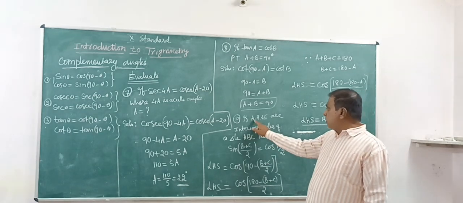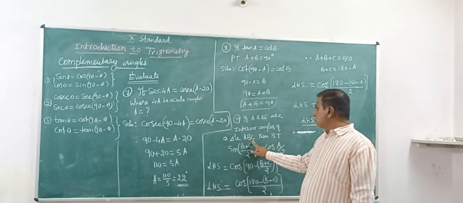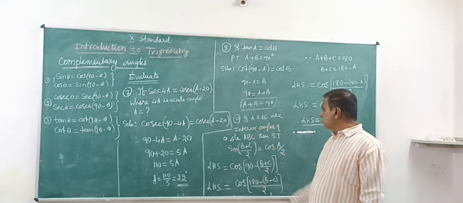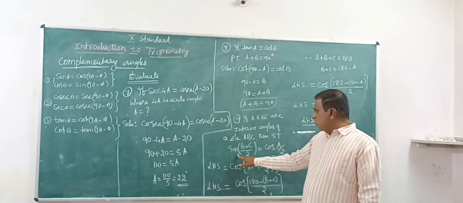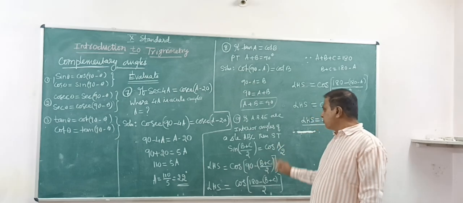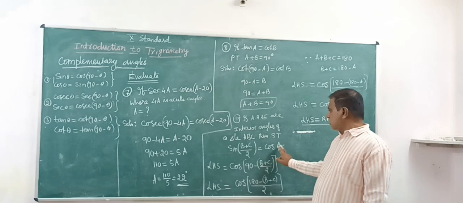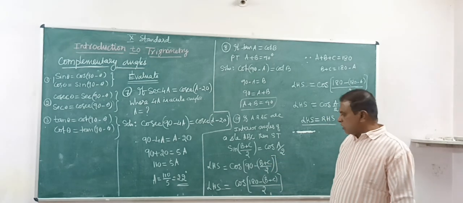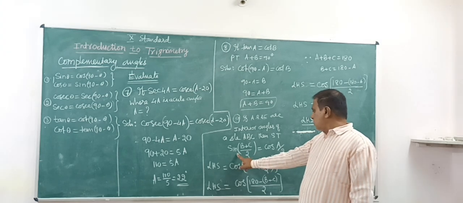The next problem: if A, B, C are interior angles of a triangle, then show that sine of (B plus C) divided by 2 equals cos of A by 2. This is LHS, this is RHS. Take LHS, apply the complementary rule.